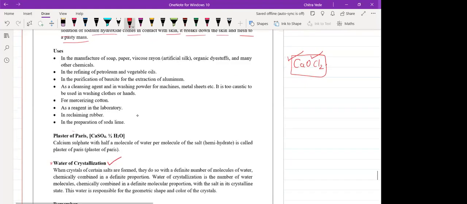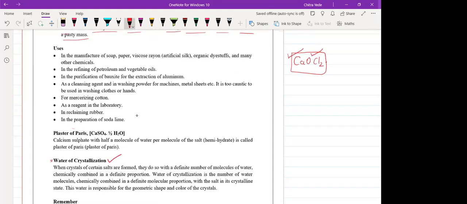Now it is used in making of soap, paper, and viscous rayon, like artificial silk, you can say. Even organic dyestuff, means coloring agents, and many other chemicals are prepared by using sodium hydroxide.